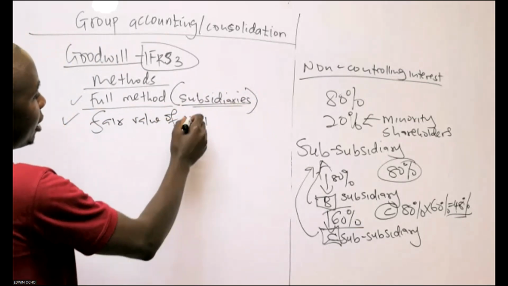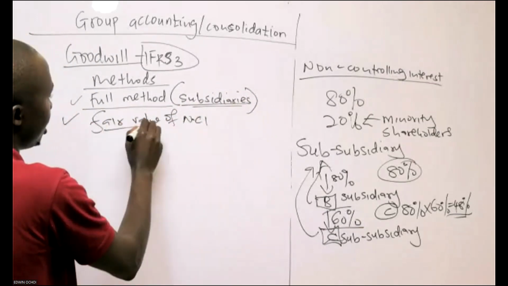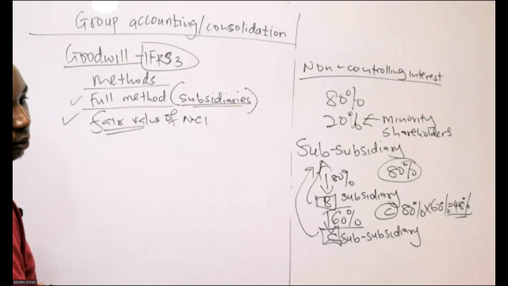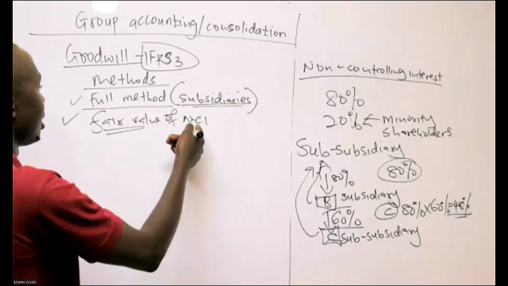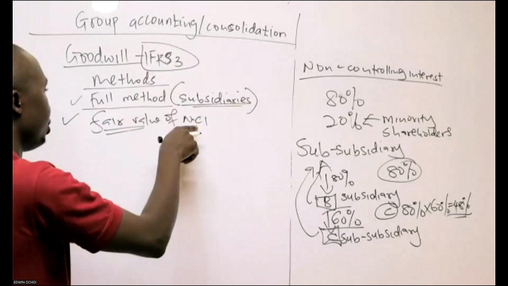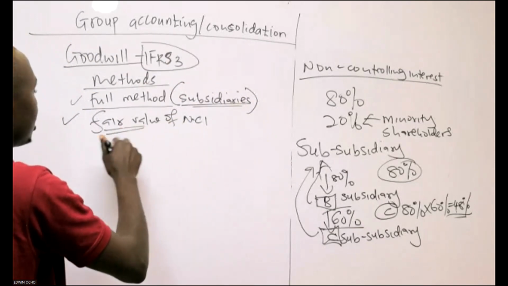The NCI, that is non-controlling interest, is stated at its fair value. If you are not given the fair value of the NCI, you can be given information which will aid you in its determination.